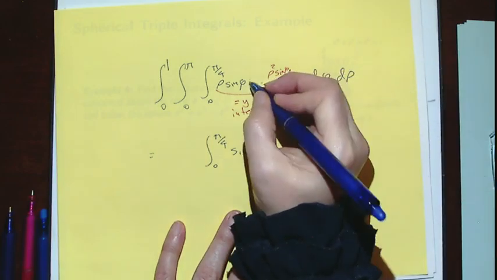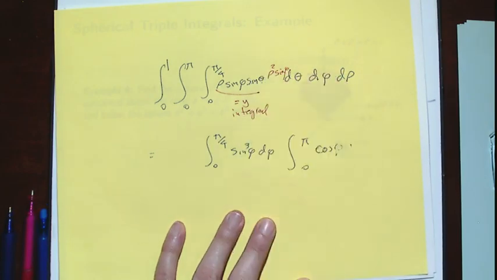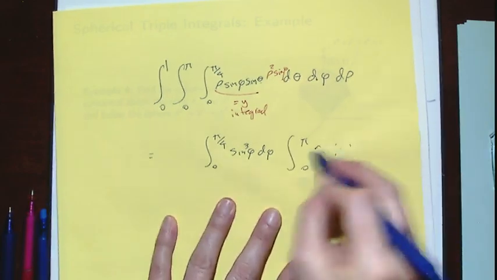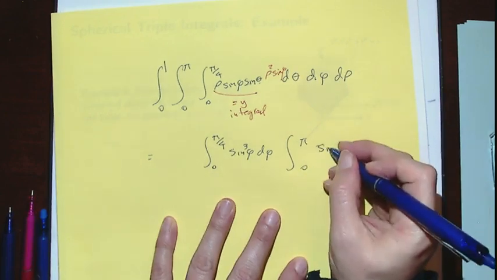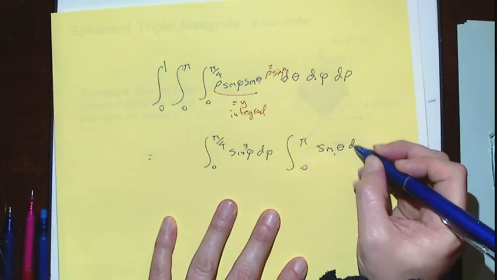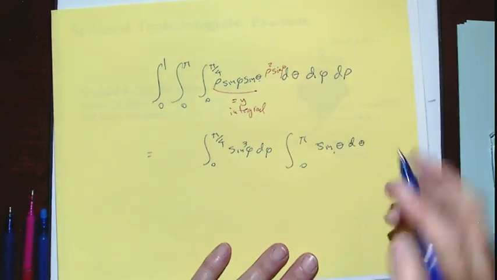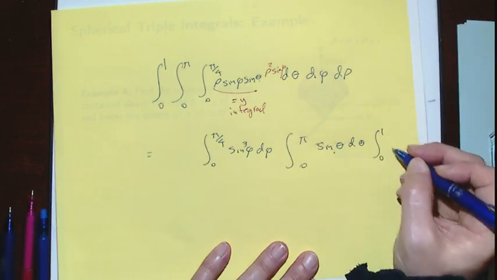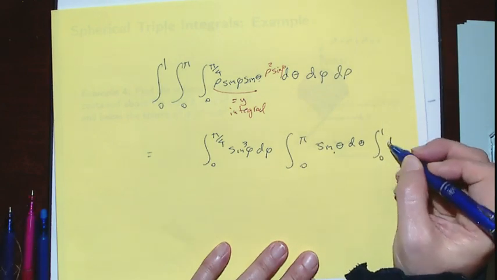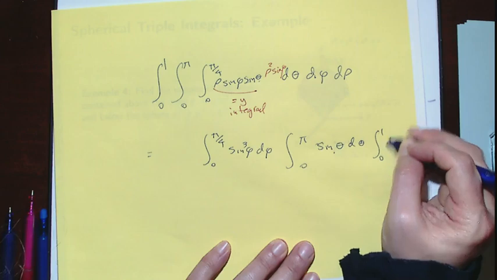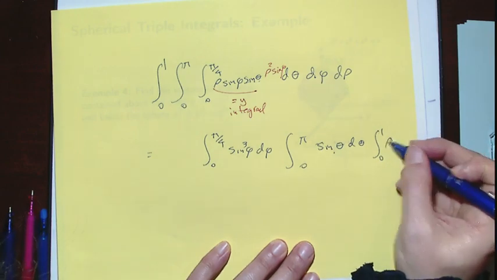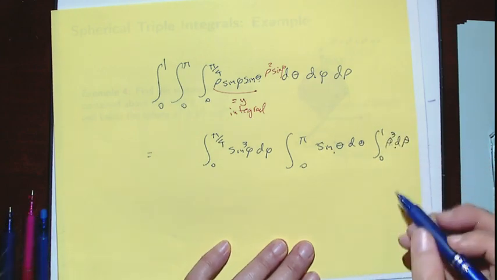Integrand, I converted wrong again. And then 0 to 1, rho to the power what? Rho cubed d rho.